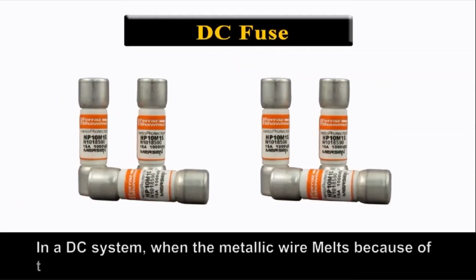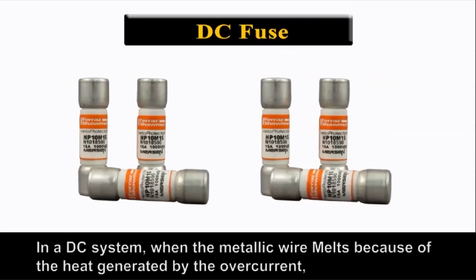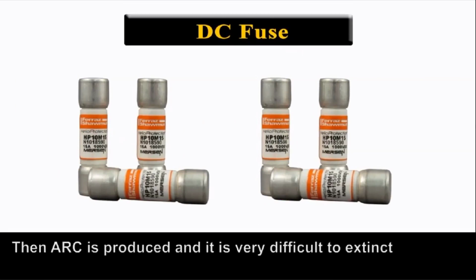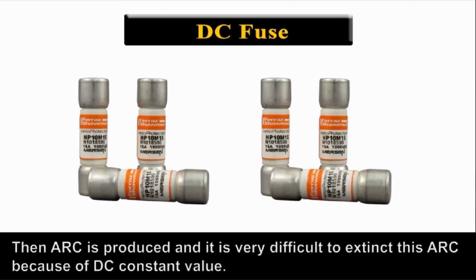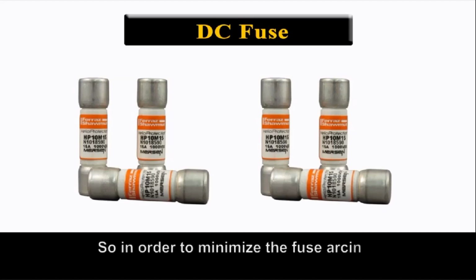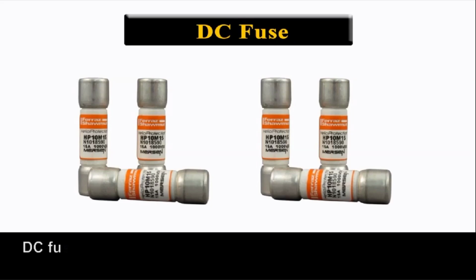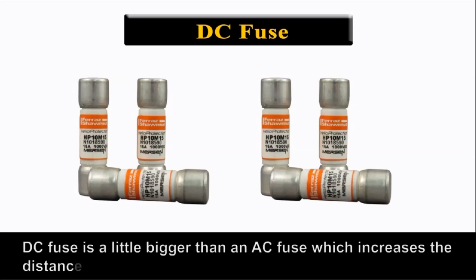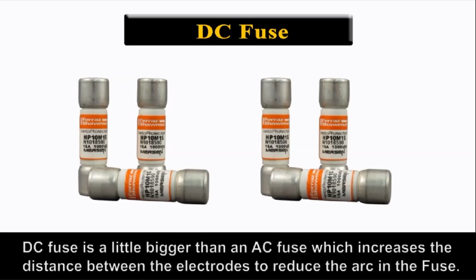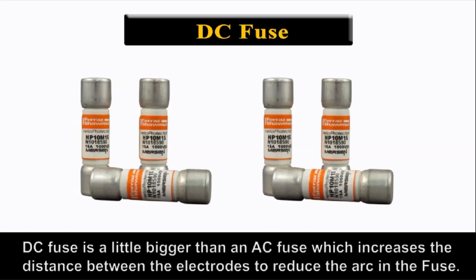In a DC system, when the metallic wire melts because of the heat generated by the overcurrent, an arc is produced, and it is very difficult to extinguish this arc because of the constant value of DC. So in order to minimize this, a DC fuse is a little bigger than an AC fuse, which increases the distance between the electrodes to reduce the arc in the fuse.